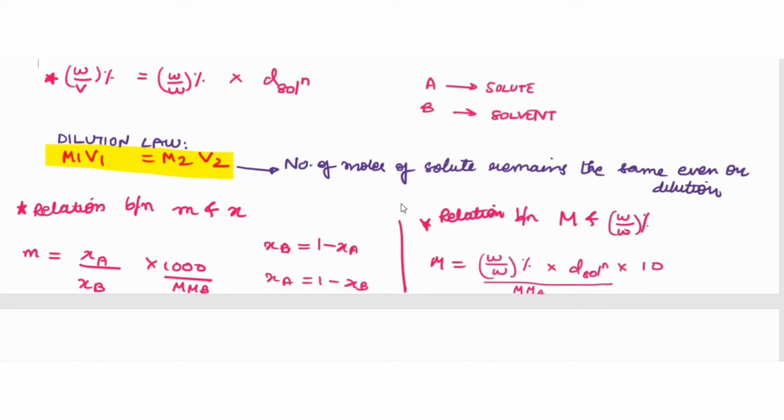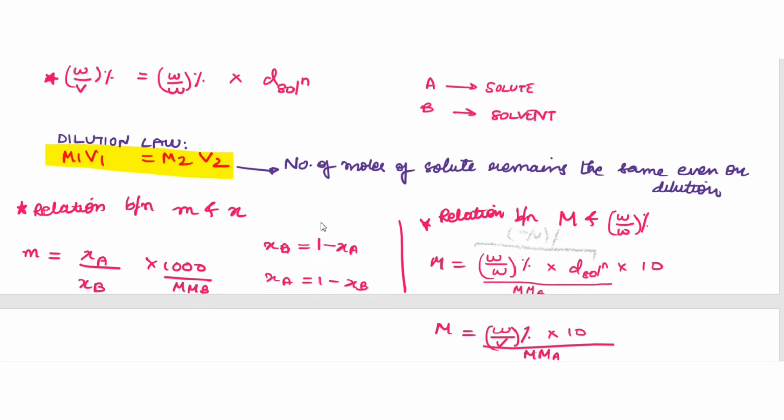So remember that difference. In this formula you can observe that W by W percent into density of the solution is itself the formula of W by V percentage, the very first formula we saw. So you can write this relation as capital M is equal to W by V percentage into 10 by molecular mass of solute. So remember this.